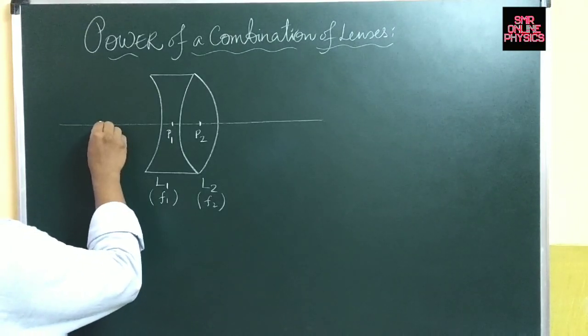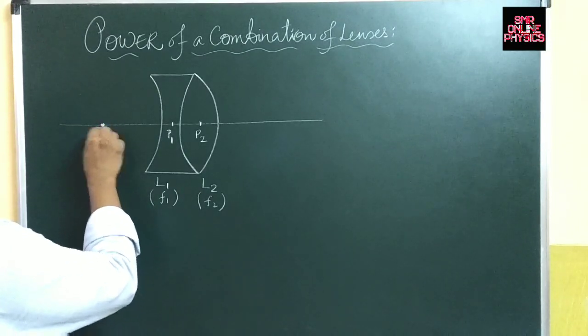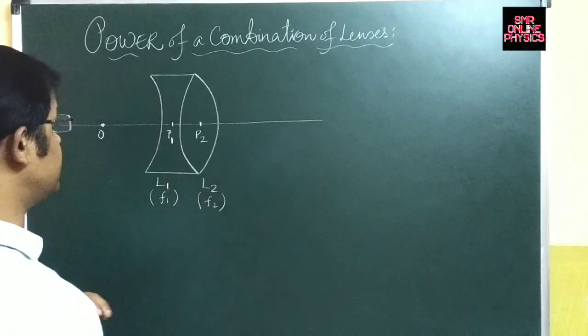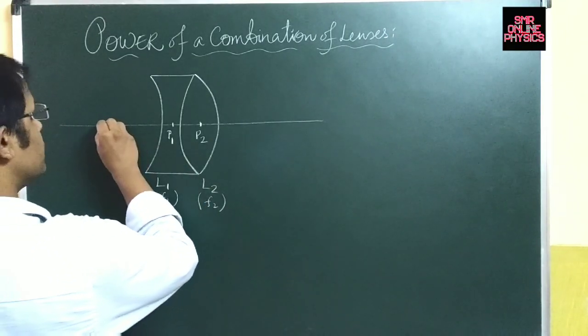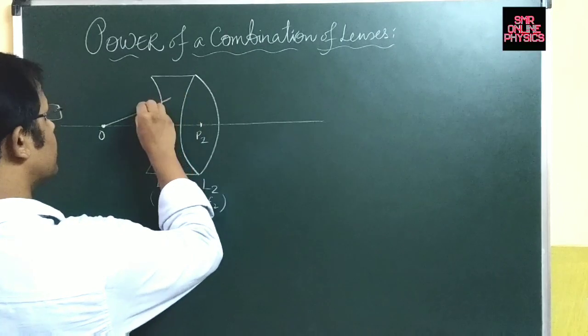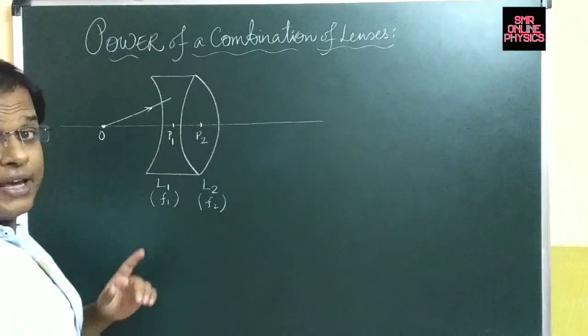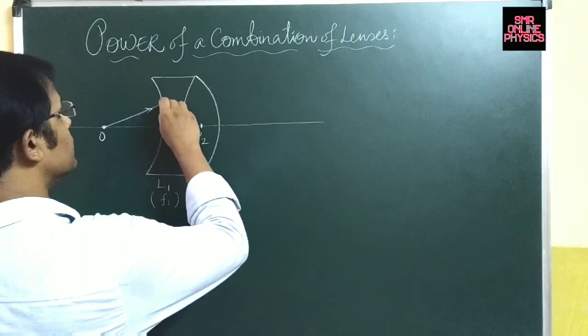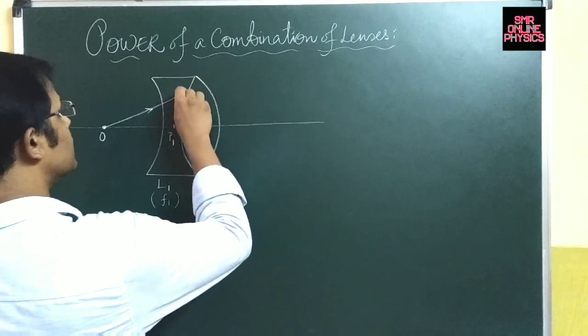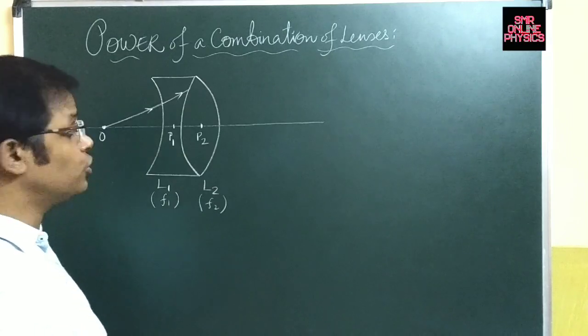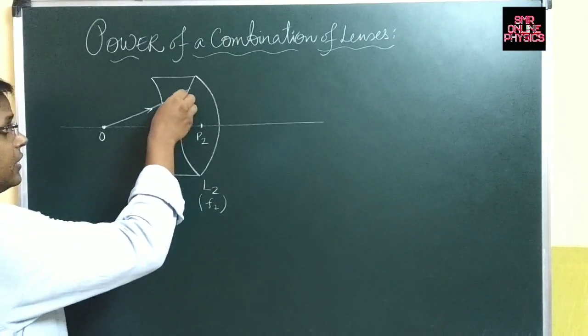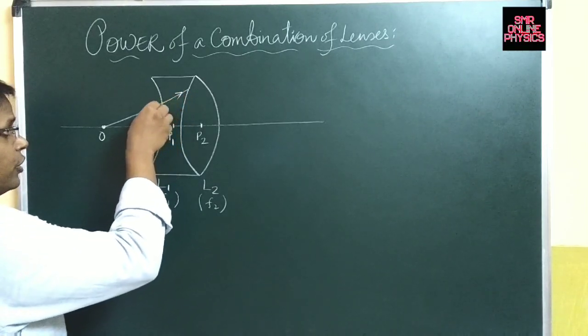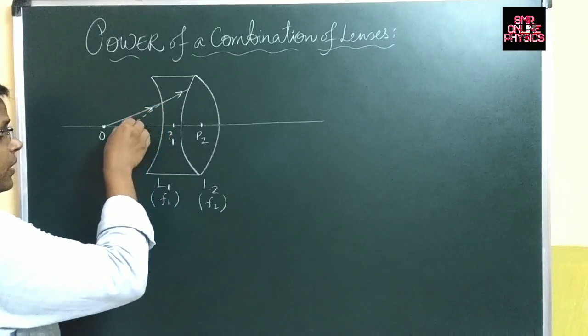Now let us see what exactly happens here. This is the point object lying on the principal axis. A ray of light incident upon this concave lens by nature will start to diverge. You can see the small divergence has been shown in the diagram. This divergent ray when produced backwards meets somewhere else.